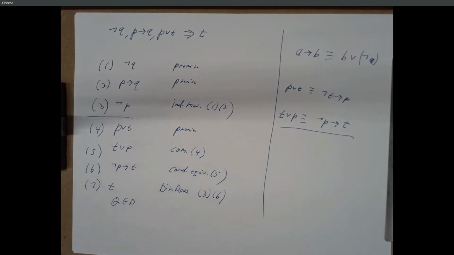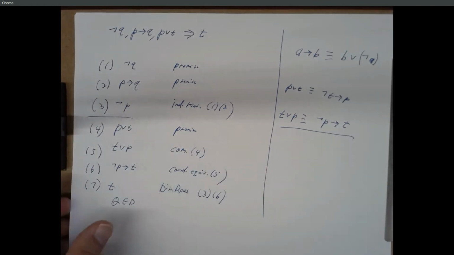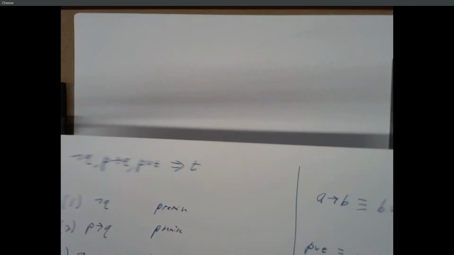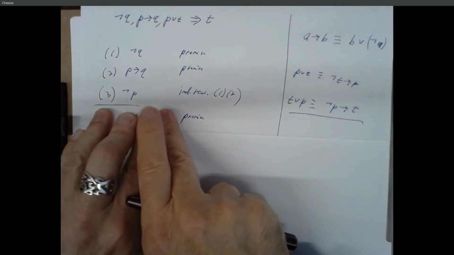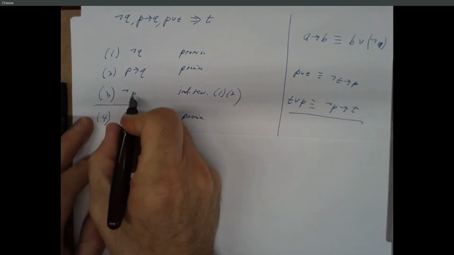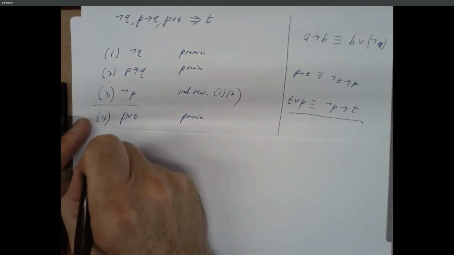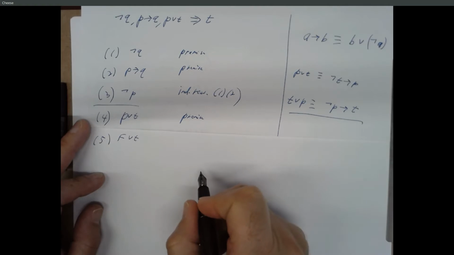Didn't you also do disjunctive reasoning or disjunctive simplification? Mm-hmm. 3 and 4? Yeah, so we could also, from 3 and 4, since not P is true, we know that P is false. So this is actually false or T, right?